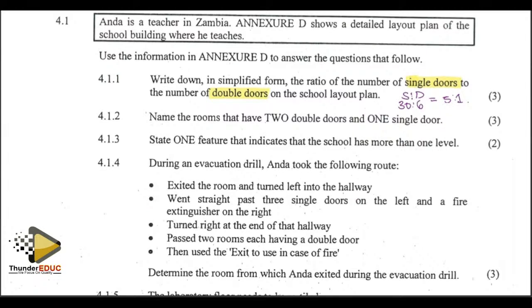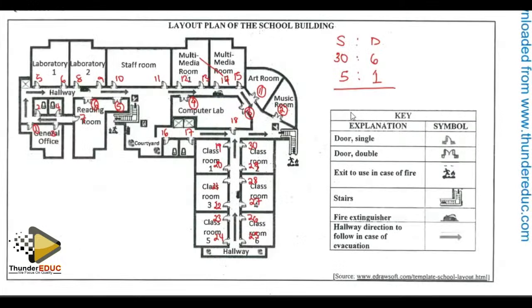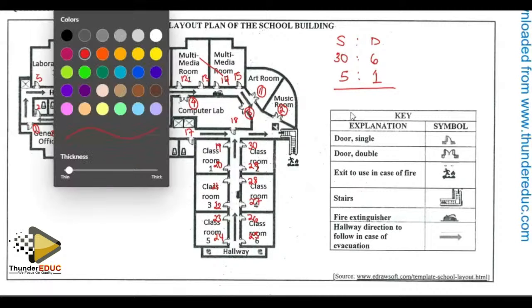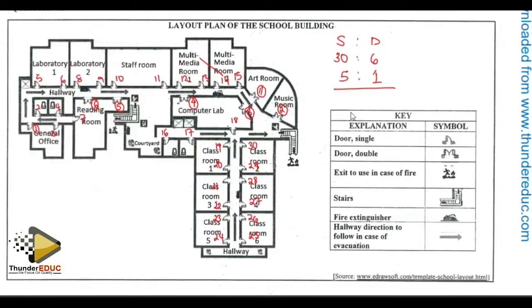Name the rooms that have 2 double doors and 1 single door. Let's look at the computer lab. It has this, it has this, and 1. So the computer lab qualifies: two double doors and a single door. Then we have the reading room.